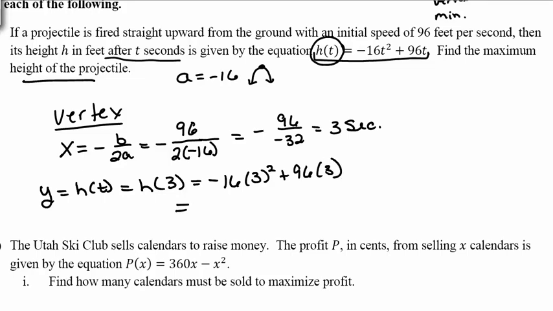So 3 squared is 9, and 9 times 16 gives us 144, so that's negative 144, plus 96 times 3 gives us 288. Oh, I forgot a 4. 144 plus 288, and so we get positive 144.